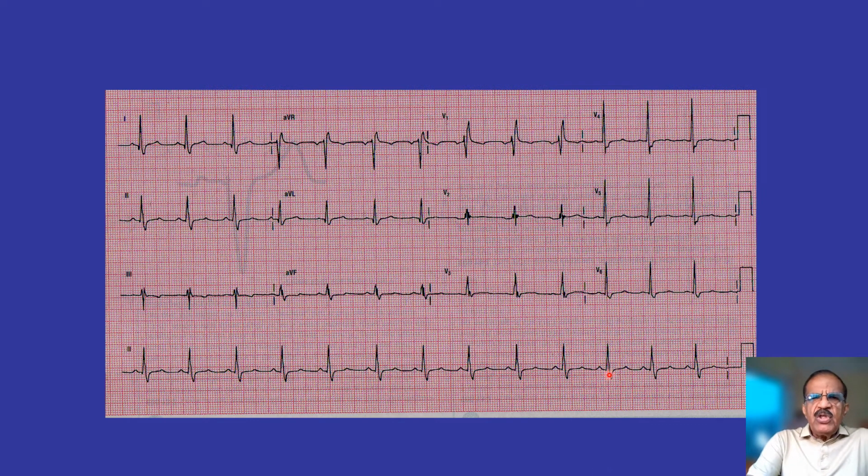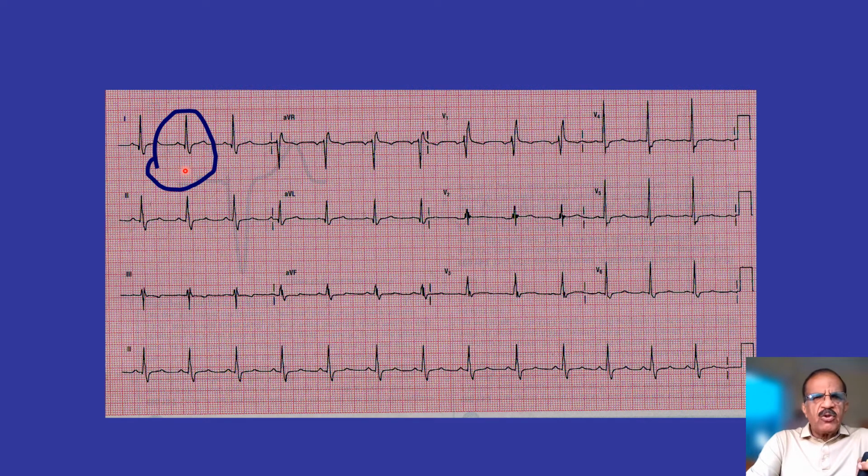And then we see the morphology and the duration. I have drawn your attention to this complex. What do you see? This one looks slightly broader than normal, and the terminal part of the QRS, the downward deflection, the S wave, is particularly prominent.